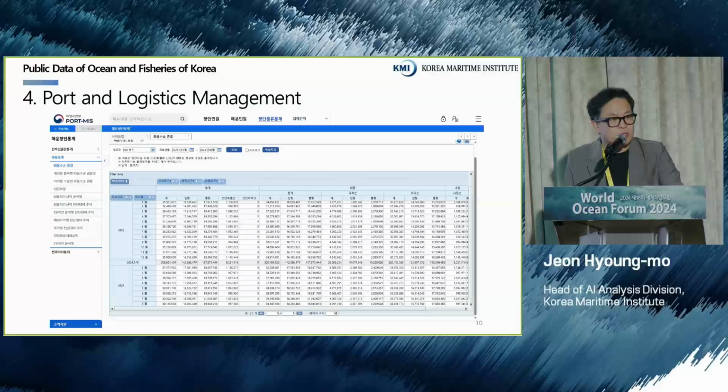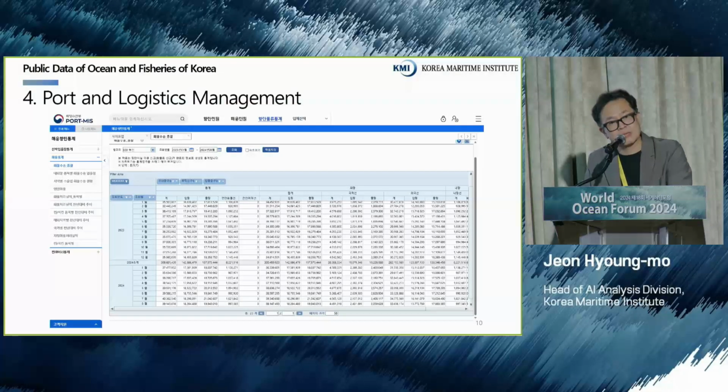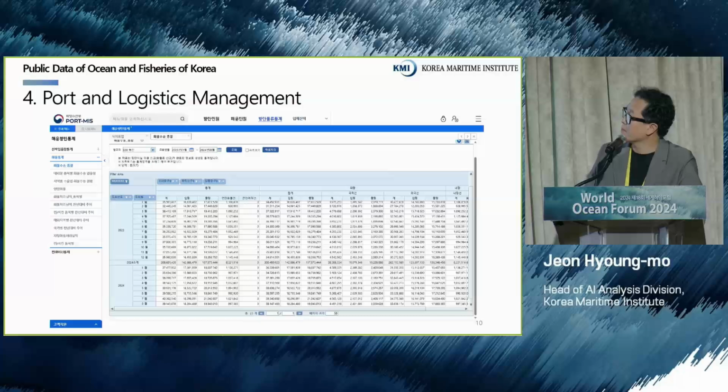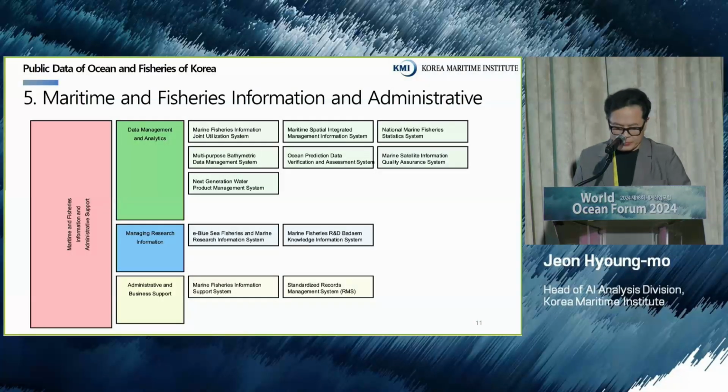This is the UI of PORT-MIS. You can see the entry and exit of vessels that come to Korea, and the information is gathered really quickly. You can also check the trade volume at the port or by port. And again, this is for the public.